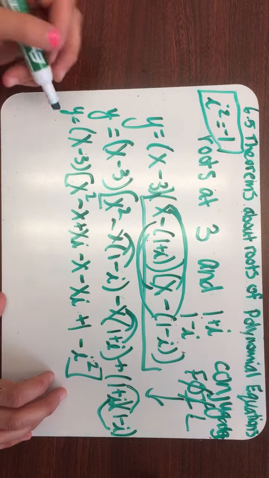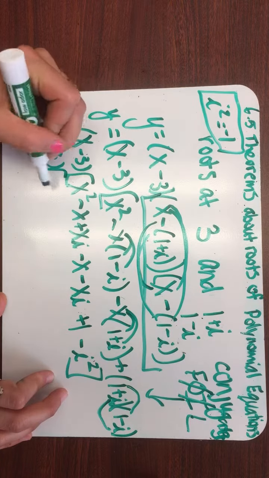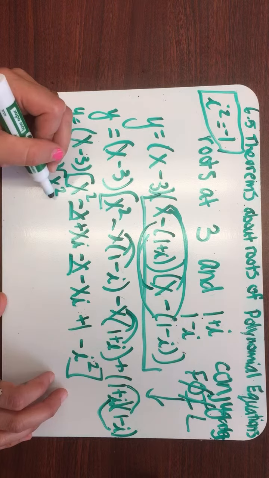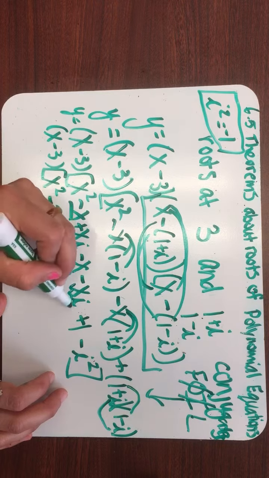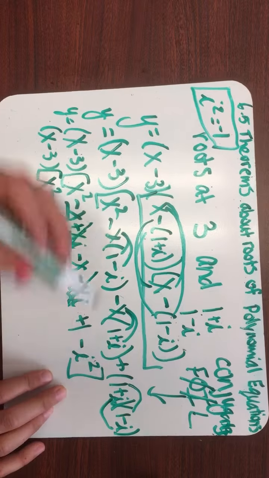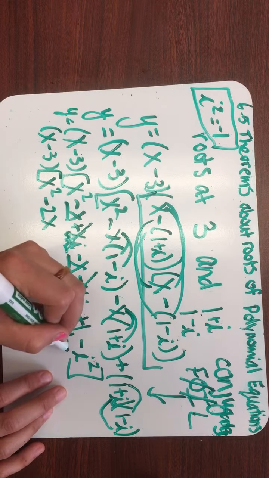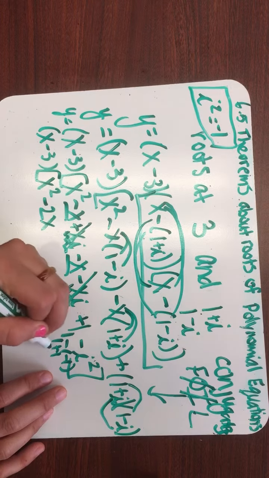Okay, so we'll continue here. So combining our like terms here, negative x minus x is a minus 2x. xi minus xi will cancel out. We know that i squared is a -1, so this is really a 1 minus a -1, which is a 1 plus 1, which is a 2.